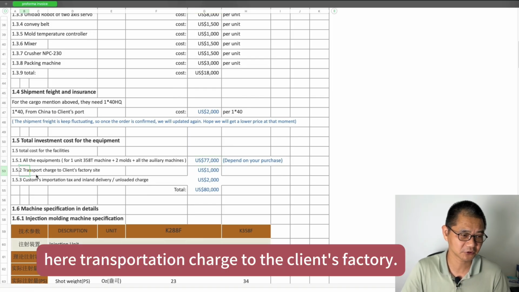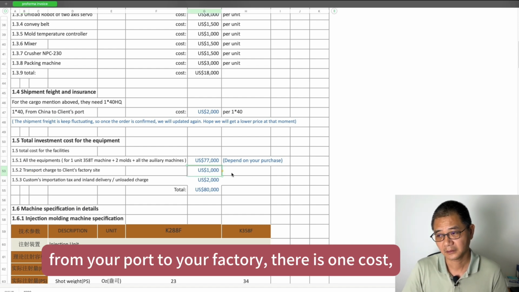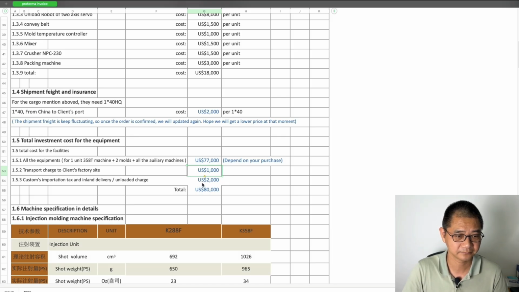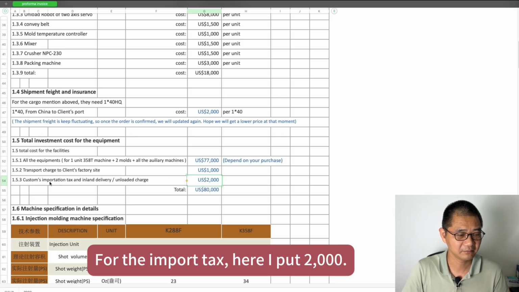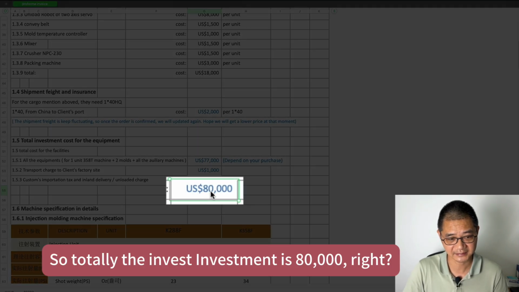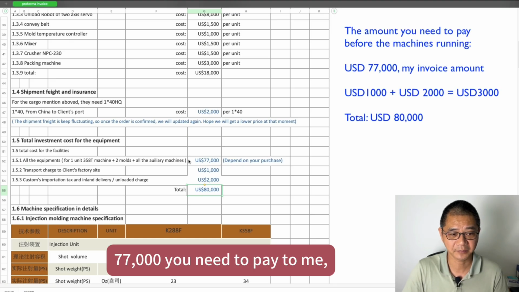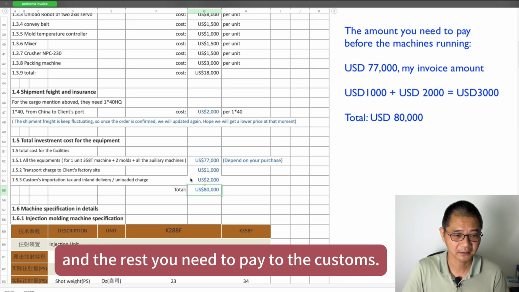Here, transportation charge to the client's factory. The container will arrive at your port, right? From your port to your factory, that's one cost. Then the import tax, here I put 2,000. So totally, the investment is 80,000, right? 77,000 you need to pay to me, and the rest you need to pay to the customs.